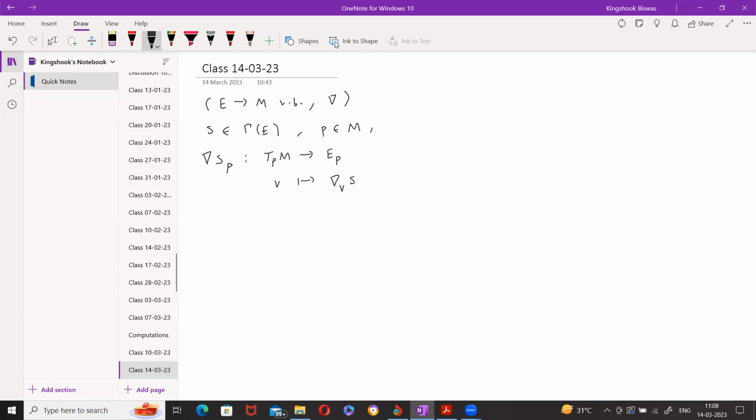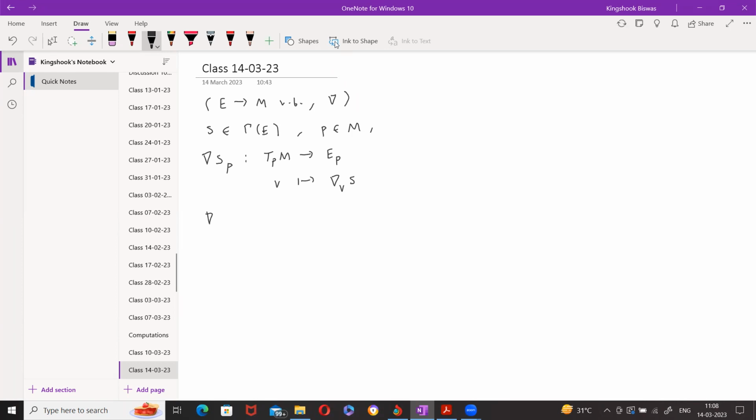Therefore this nabla sub V of S makes sense. This is nabla sub X of S at P, where X is any vector field whose value at P is equal to V. Is that clear?